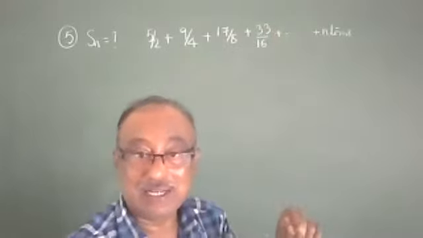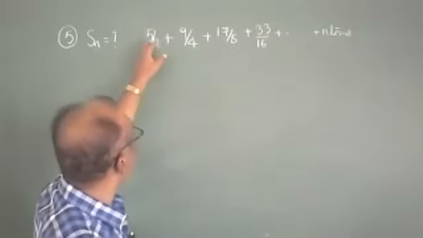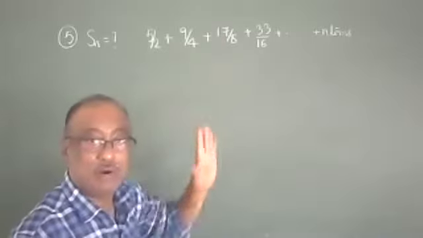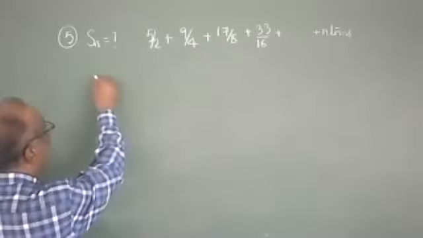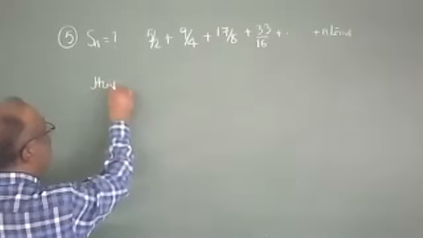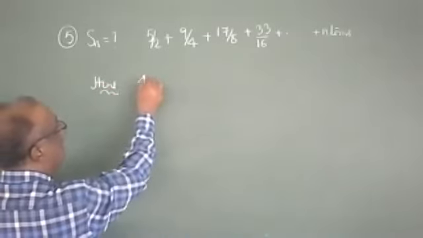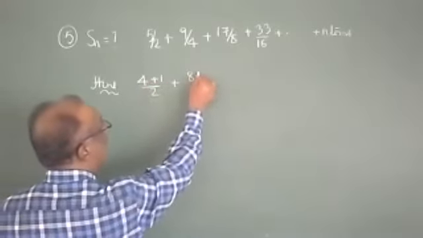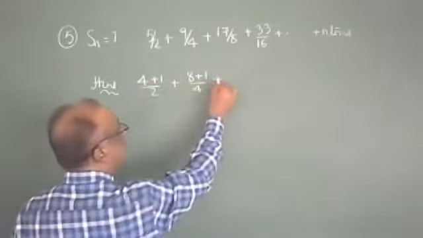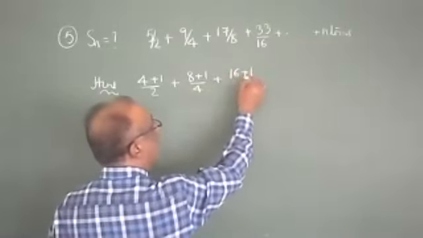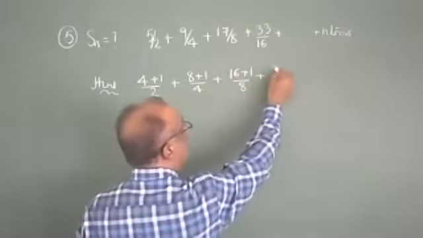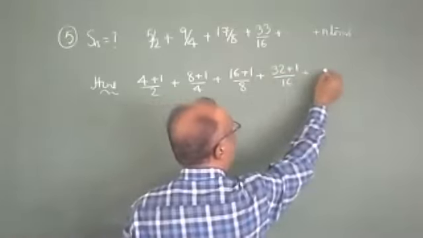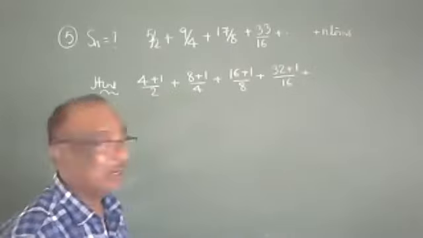It is 4 plus 1 by 2, 8 plus 1 by 4. I will separate. Everyone see, first I will write 5 as 4 plus 1 by 2. Next, 8 plus 1 by 4 plus 16 plus 1 by 8 plus 32 plus 1 by 16 and so on.